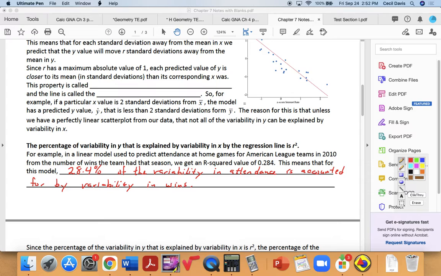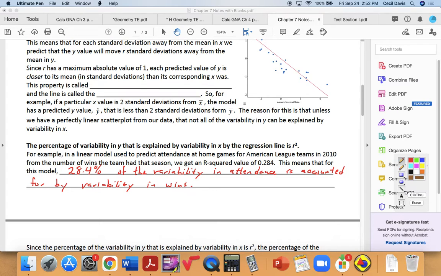Notice that that also means that 72% of the variability in attendance is not accounted for by the wins. Okay? Which is true, and I know not all of you are sports fans, but even if you're not, you'll know that, for example, at pro football games, even if the team sucks, there's a lot of people there.